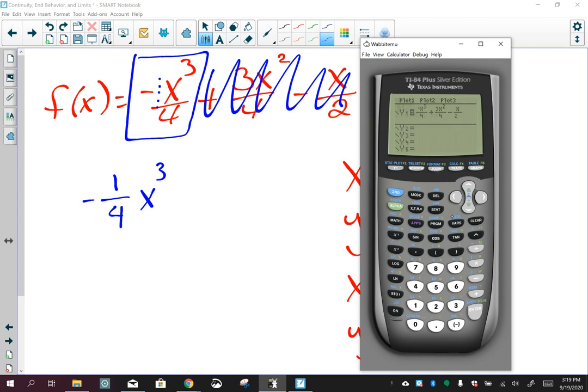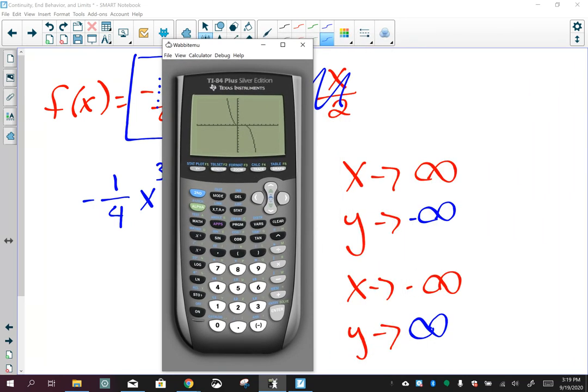Go back and go zoom 6, and that starts your window back at the traditional 10 by 10 window. And as you can see, it matches what we came up with. As x is getting bigger, my y's are getting smaller. And as my x's are getting smaller, my y's are getting bigger. So that's what you're going to be doing in this piece here.